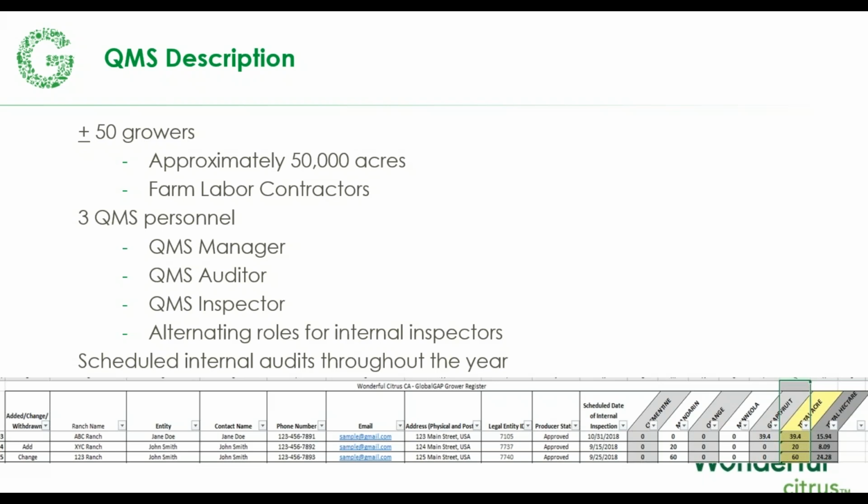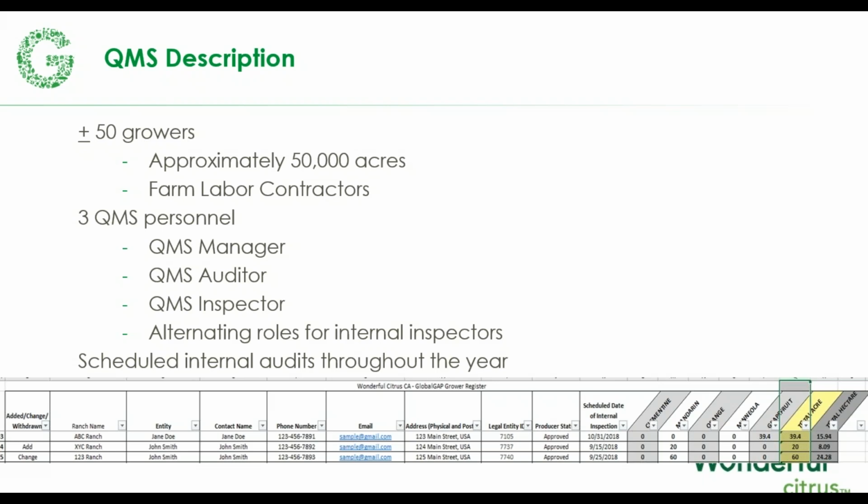As Rebecca was talking about earlier, there is the QMS personnel that you have to have in order to make option 2 work for you. We have on staff a QMS manager, 2 QMS auditors, and 2 QMS inspectors.